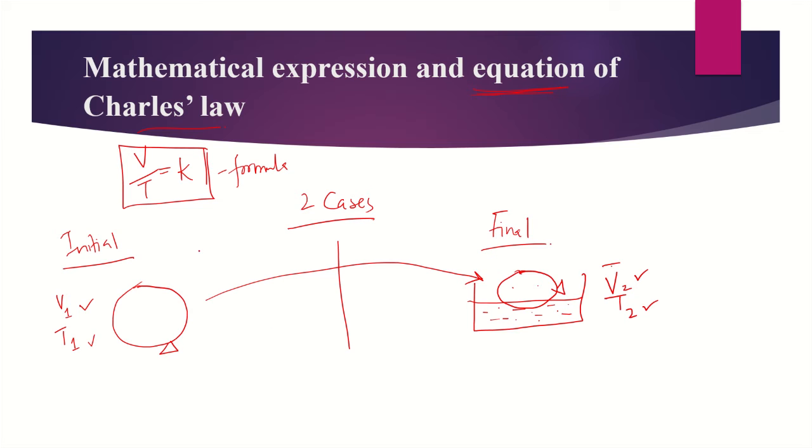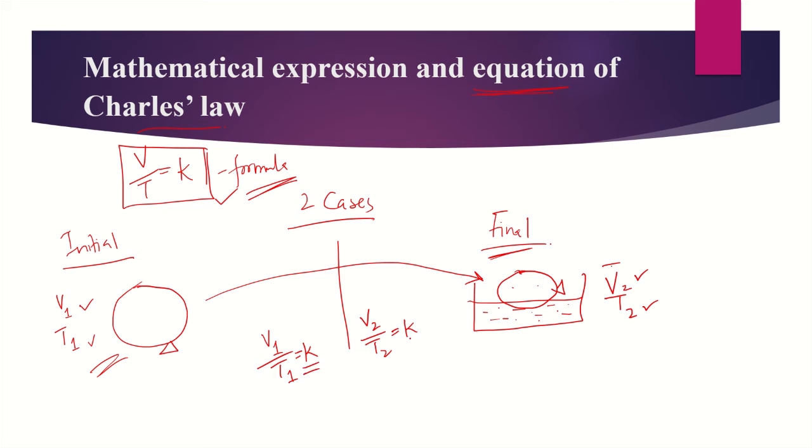Now let us express these initial and final values with Charles' law's formula, that is V by T is equal to K. For the initial state, V will become V1, T will become T1, is equal to constant K. For the final state, we get V2 divided by T2 is equal to constant K again.